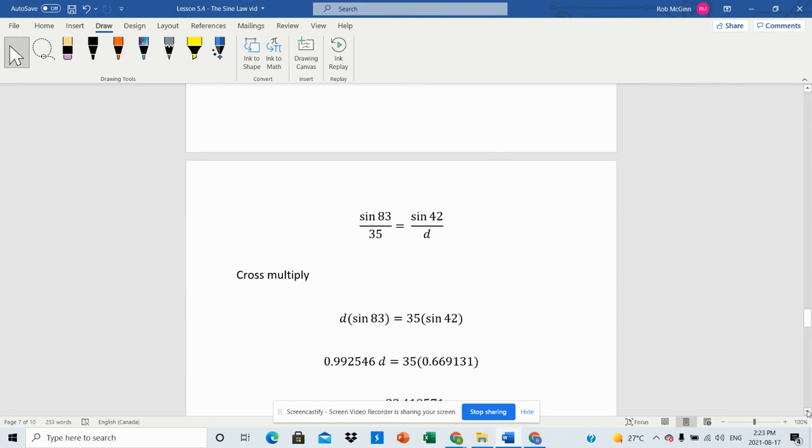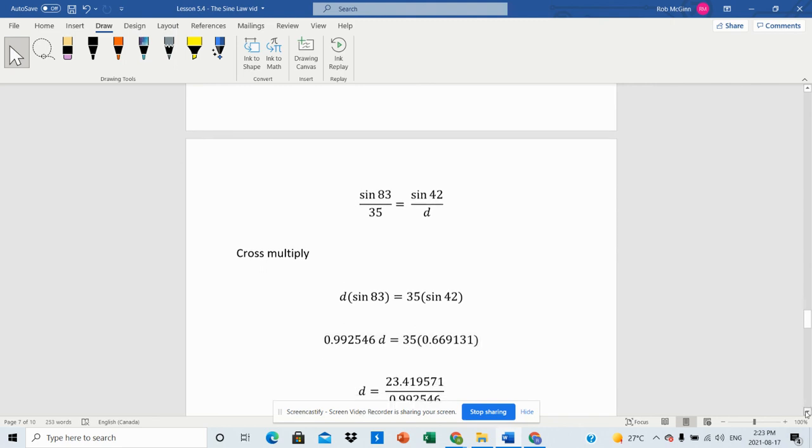Sine of 83 is going to be 0.992546 times d is equal to 35 times, well, sine of 42 at 0.669131. All right, we can consolidate what's on our right-hand side, and then we're going to divide by the decimal here in front of d to solve for d.